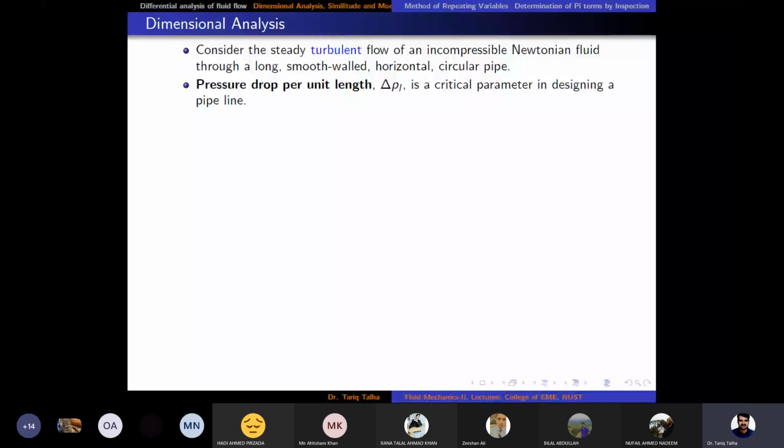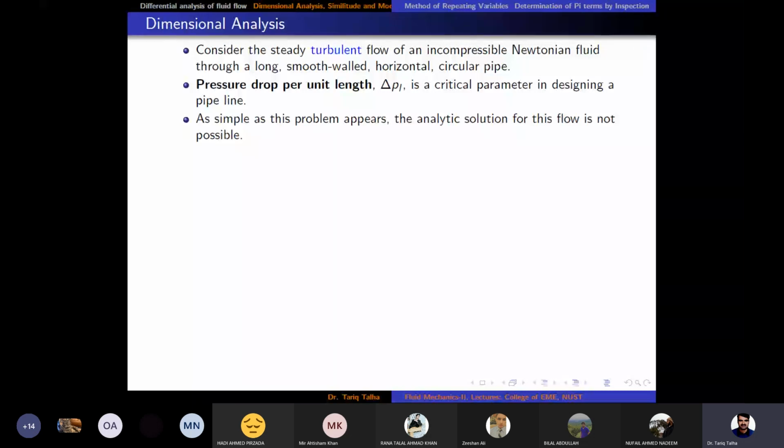So the partial differential equation cannot be reduced to an ordinary differential equation. Pressure drop per unit length is a critical parameter, because we need to know how much horsepower we need to apply at the beginning, so we can select the pump for that particular flow through the pipe. That is the critical parameter. So an analytic solution is not possible.